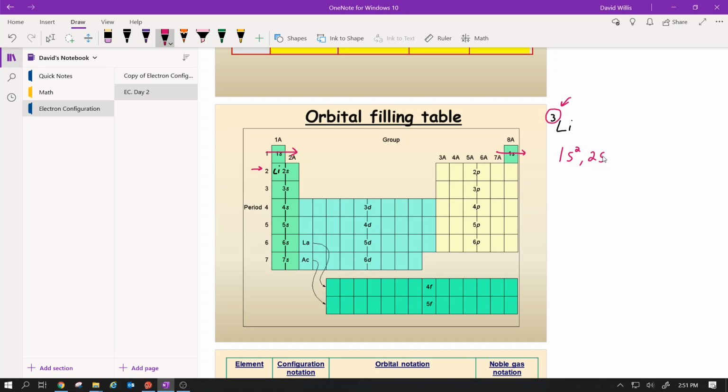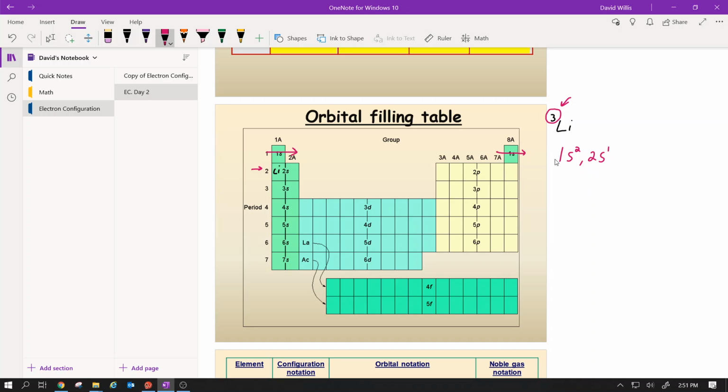It'll hold up to 2, but I only need to put in 1. So I'm just going to mark that down: 1s2, 2s1. And if I count and add, I see 3 electrons in there. And this notation tells me where they are. 2 of them are in the 1s orbital, and 1 of them is in the 2s orbital. How do we feel about that?